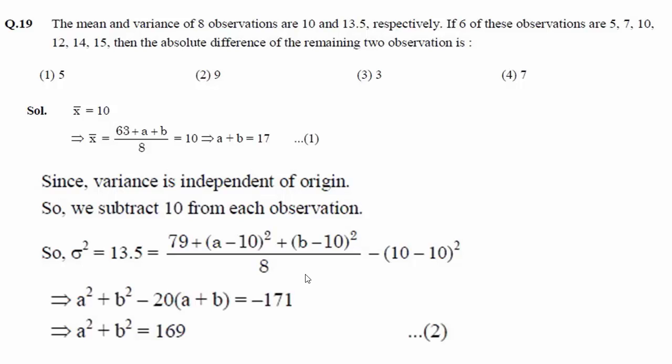This implies that a square plus b square minus 20 times (a plus b) is equal to minus 171. Therefore, a square plus b square equal to 169. From 1 and 2, we can evaluate a equal to 12, b equal to 5. Hence, correct option is 4. Difference between them is 7.